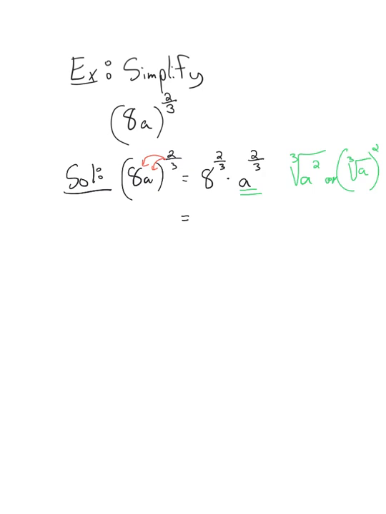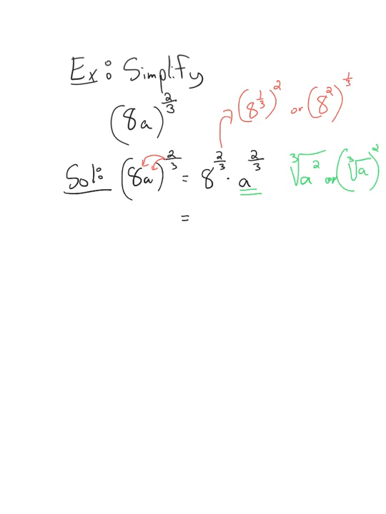So let's think about it. What would be easier? Let's explore. So our two options, I'll just do it up here. We can take the root first, so the cube root of 8, and then square it. Or we can square 8 and then take the cube root.